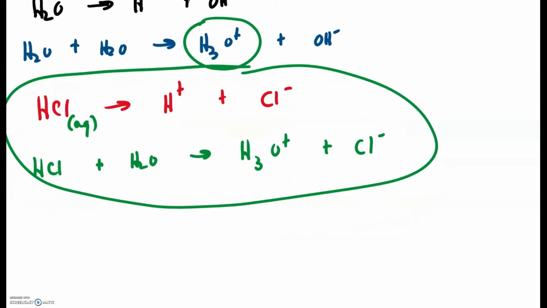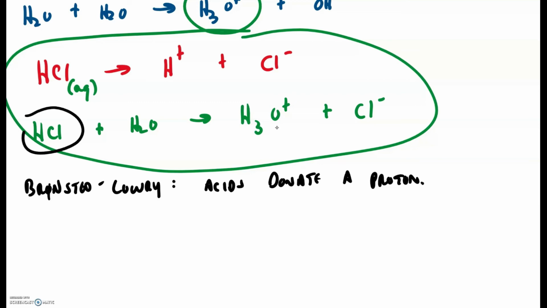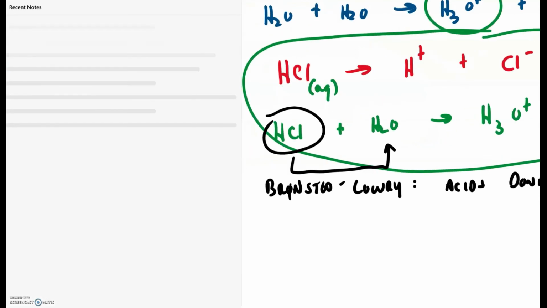However, according to the Bronsted-Lowry model, which we just saw up at the top, acids donate a proton. And that's cool because that's what this just did. It donated the proton to the H2O.